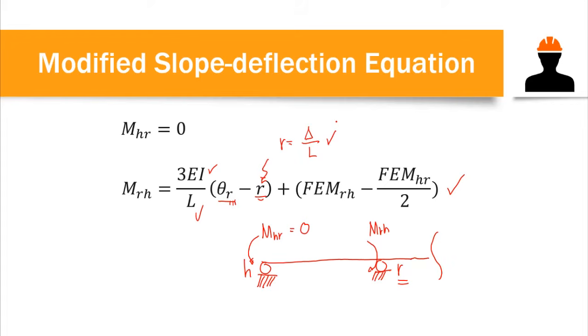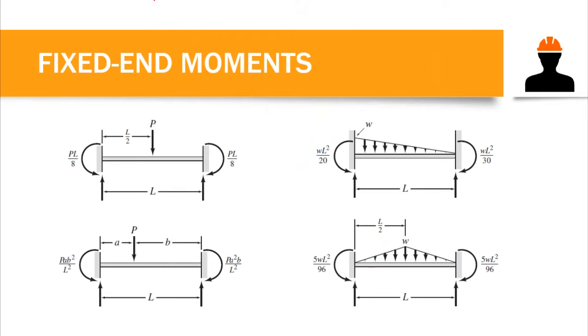Again, the fixed end moment can be computed using the formulas that I have presented. Just to give you a quick overview, these are the formulas for fixed end moment. It depends on the load of the beam. All you need to do is create a restrained beam, like this one, in which we have PL over 8 if we have a concentrated load on the midspan, so you just need to familiarize these fixed end moments.